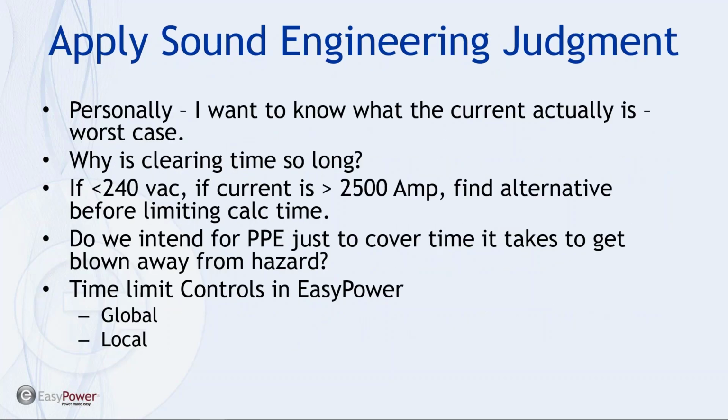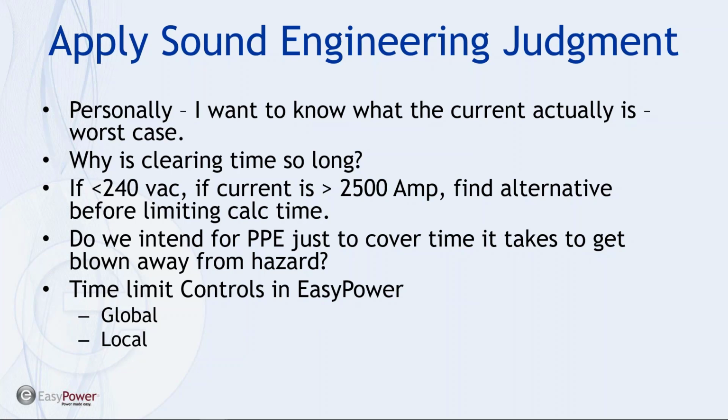In my opinion, I would want to know what the worst case arcing current actually is, because the higher that current is, the more energy will be delivered in a shorter amount of time. So the question I would want to answer before limiting any time is to understand why the clearing time is so long.